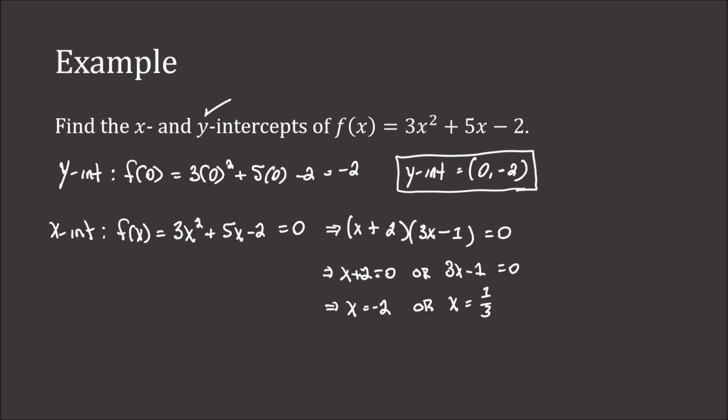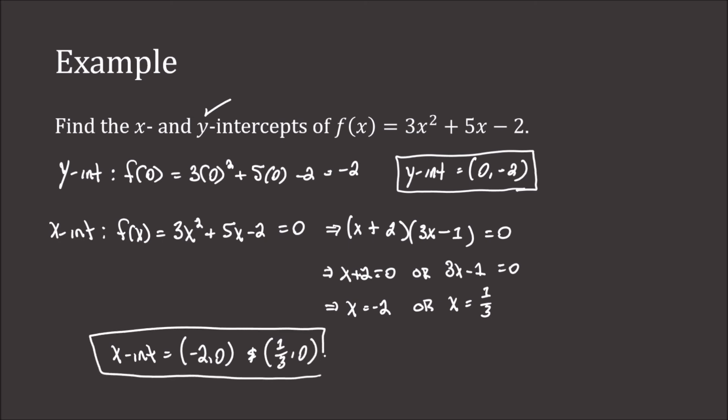Add 1, divide by 3. So the two x-intercepts are negative 2, 0, and 1/3, 0. And with that, we conclude our review of quadratics.